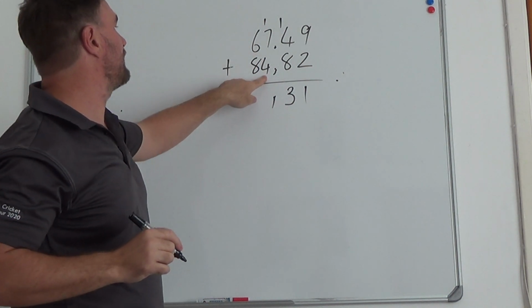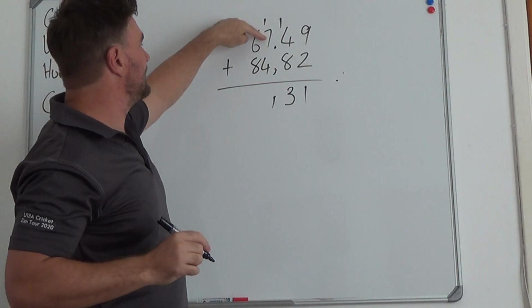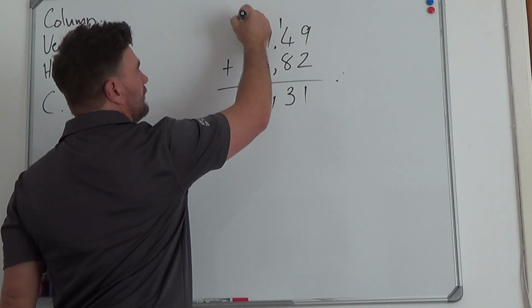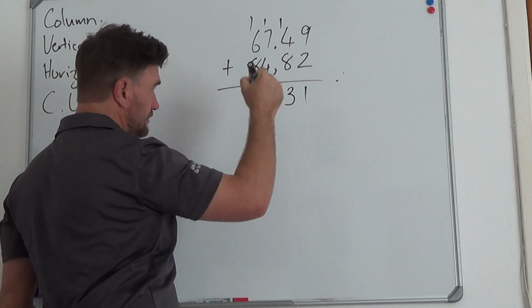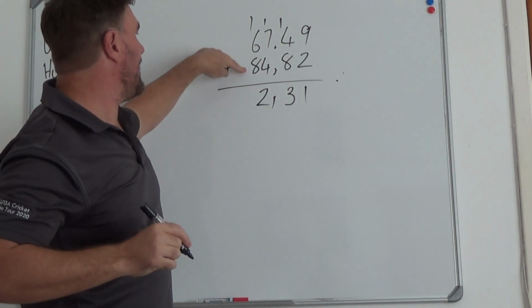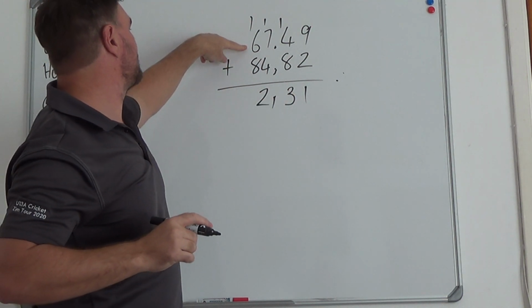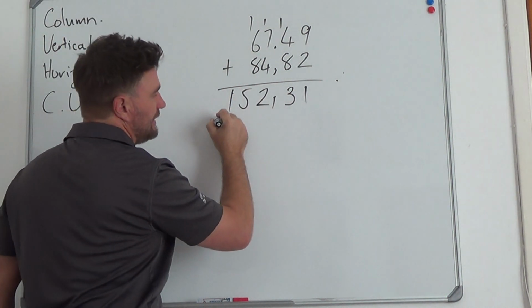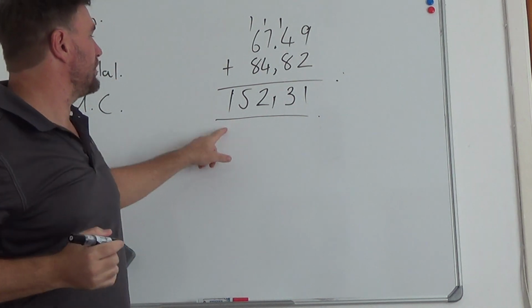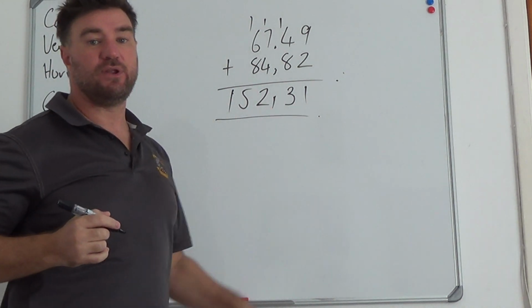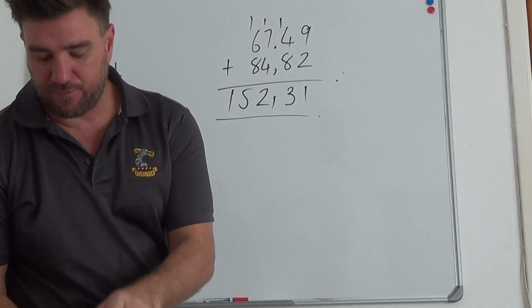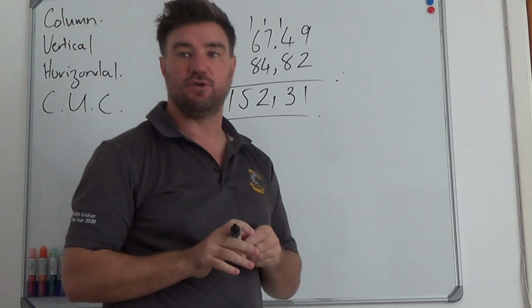You carry on adding from right to left. 7 plus 4 is 11, plus 1 is 12. You carry your 1. Then 8 and 6 is 14, plus 1 is 15. You can just write the 15 in there. So your answer then is 152,31.